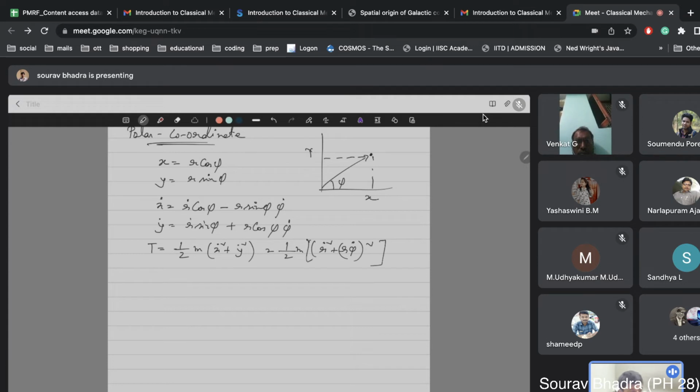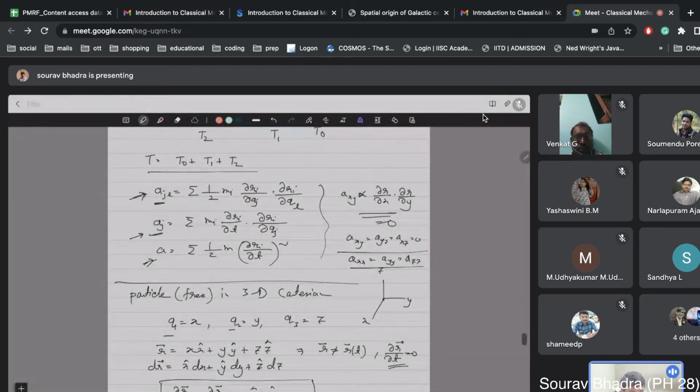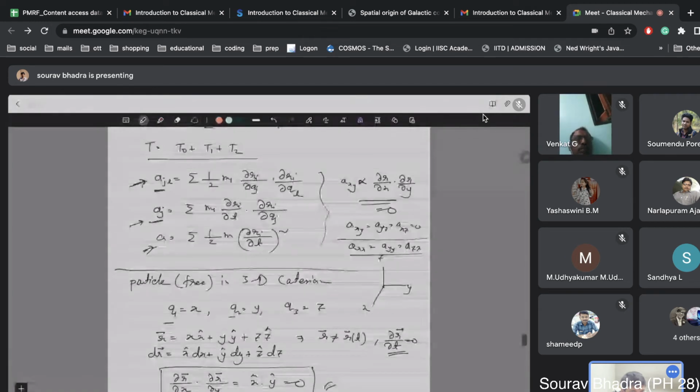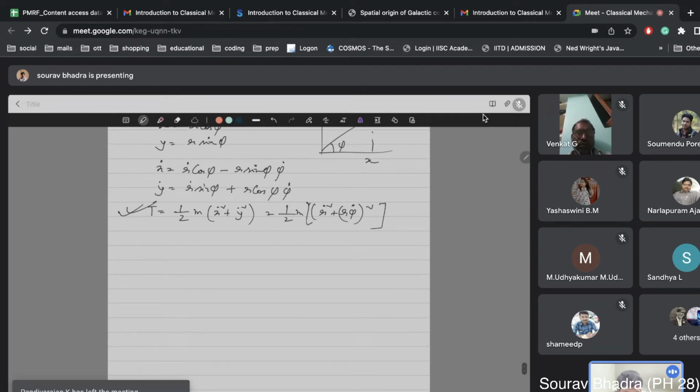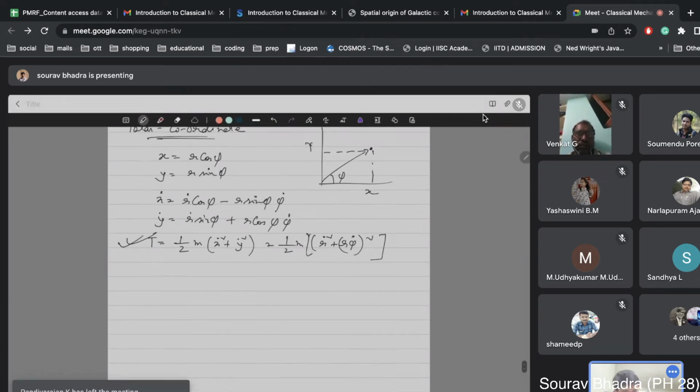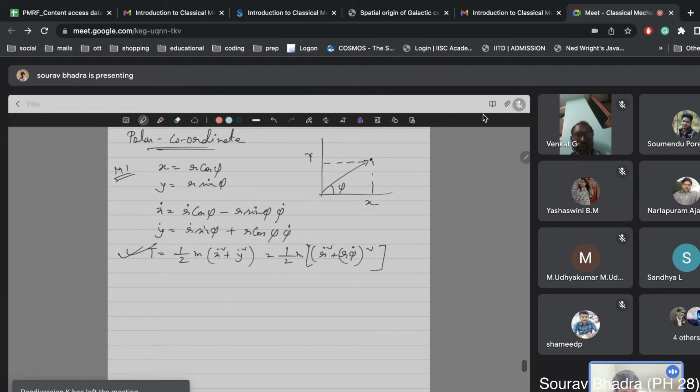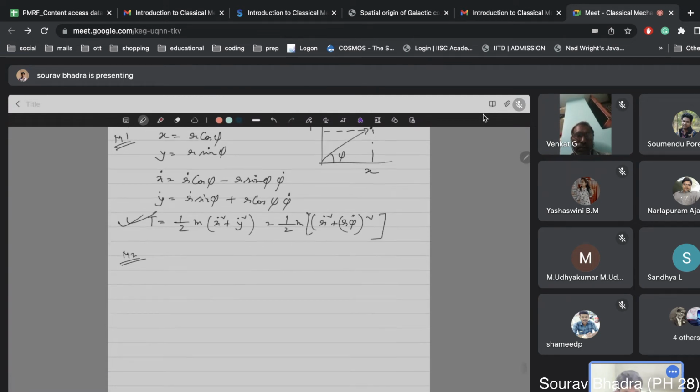Okay, so we will try to evaluate this exact expression using the A_j, A_jk method. I mean, by this method we will calculate the same thing and we will see that those two results are exactly similar. So you can call this method 1 and the other method 2.